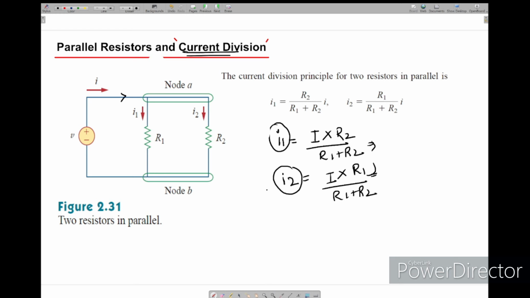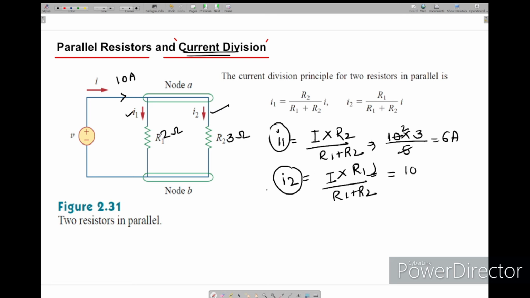I am getting from here some 10 amps, and this is 2 ohms, this is 3 ohms. Now I want to find I1. So to find I1, the total current 10 into R2, 3 ohms, divided by 5, this is 6 amps. Now I want to find I2, this current.